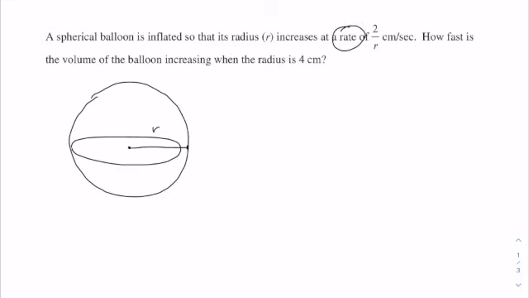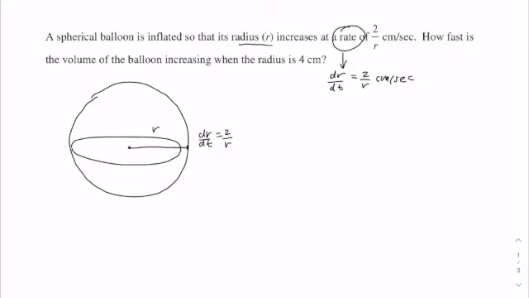So you're given a derivative of what you're trying to find. So this rate pertains to the radius, so it's going to be dr dt equal to 2 over r centimeters per second. So you're given here that dr dt is 2 over r.